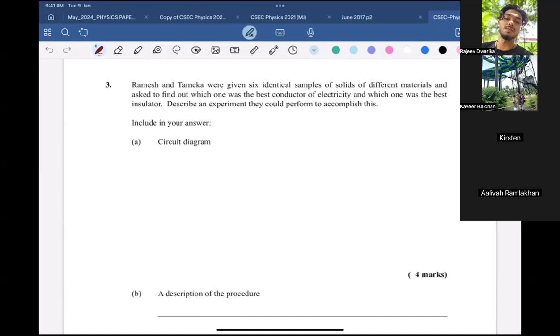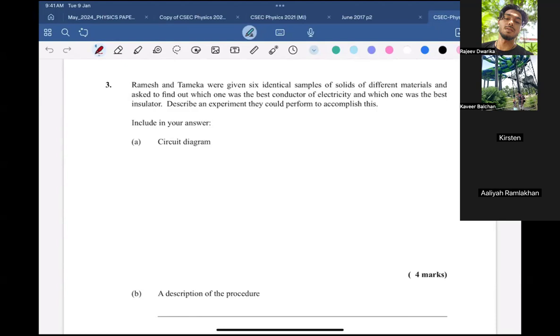A conductor is a type of material that could allow the flow of electric current, like any type of metal. And an insulator is a type of material that blocks the flow of electric current.